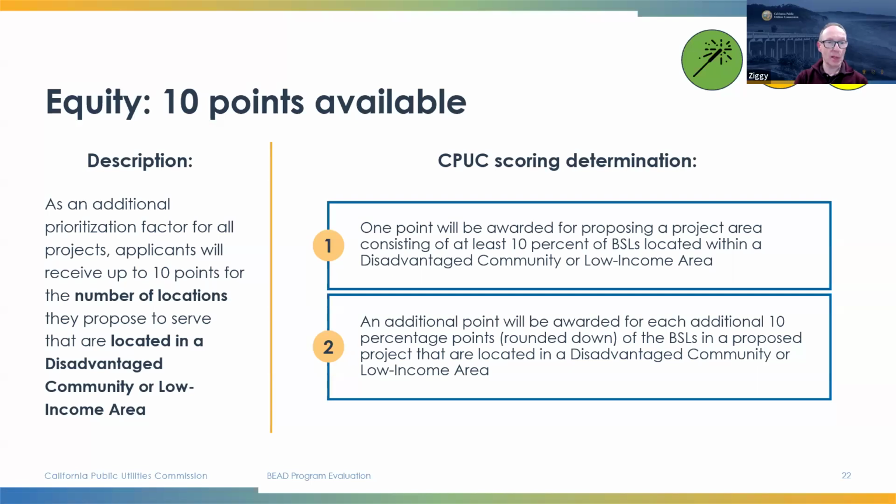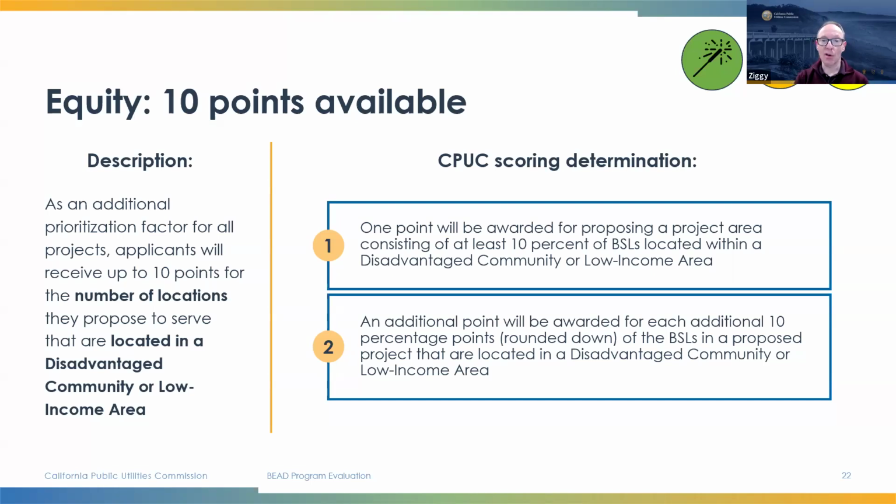So as we mentioned, there were 2 criteria that are unique to California that reflect the feedback and policy priorities of California that were adopted through the public comments and stakeholder input. So 10 points are available for equity.